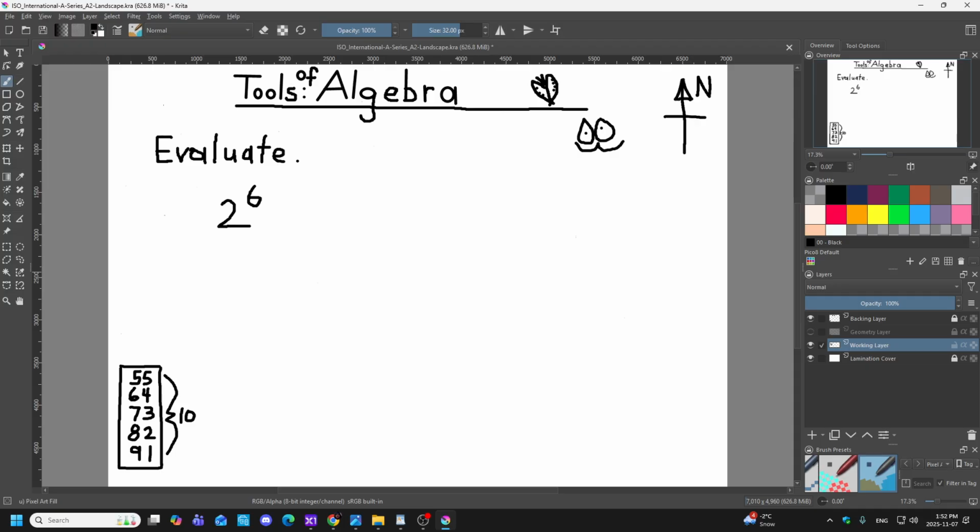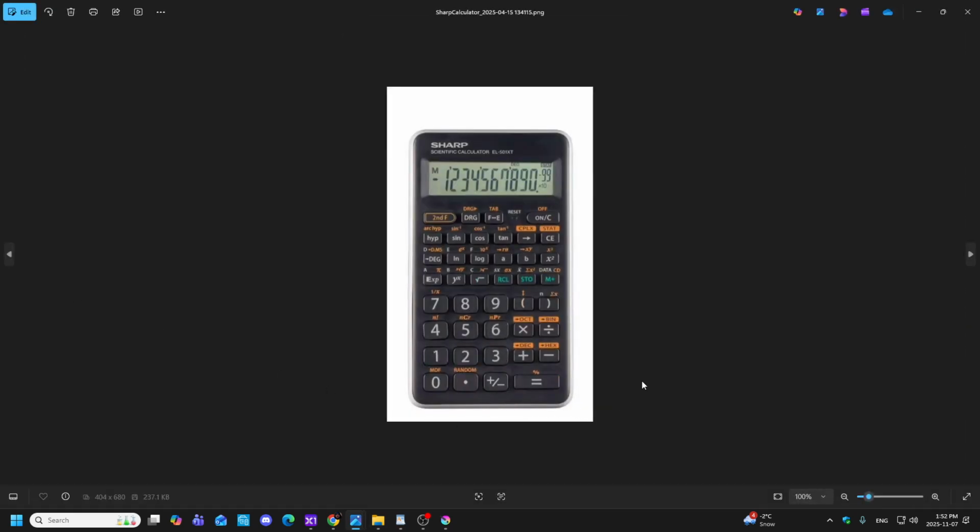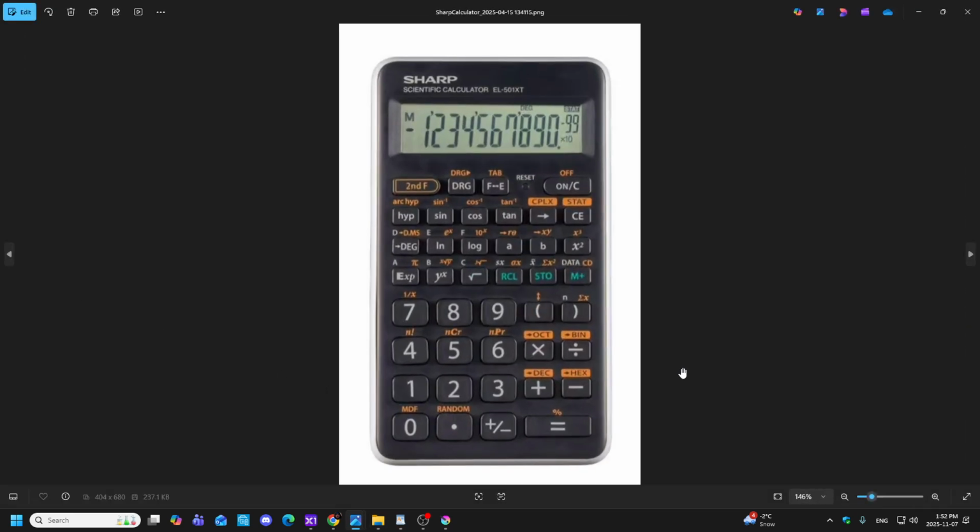Again, you can check your answers afterwards. It depends on who is working with you, whether it is a teacher or a tutor or your parents. You can check your answers with a standard scientific calculator. The button that you will use is right here.